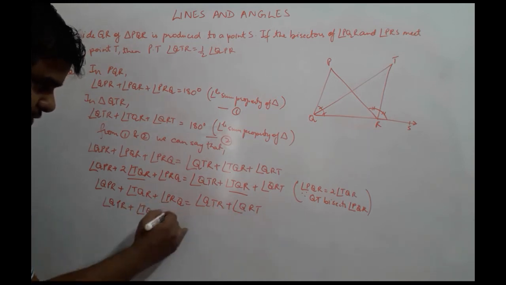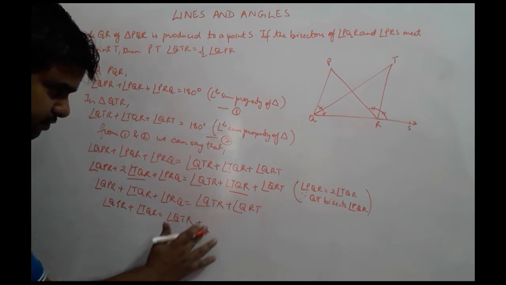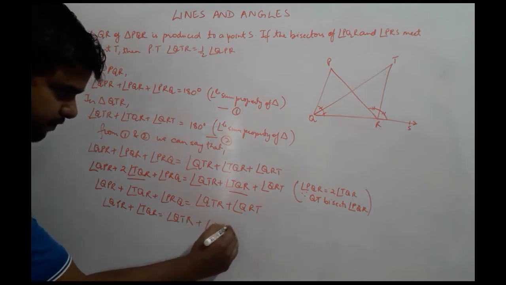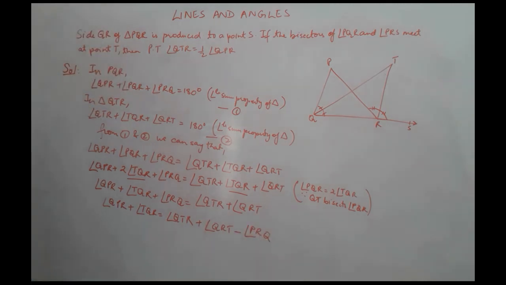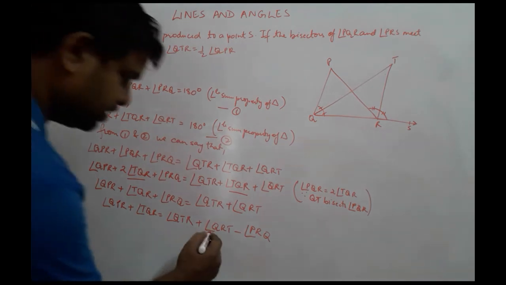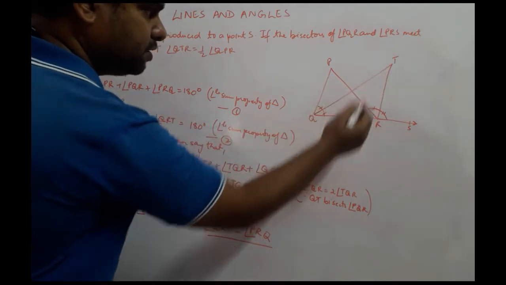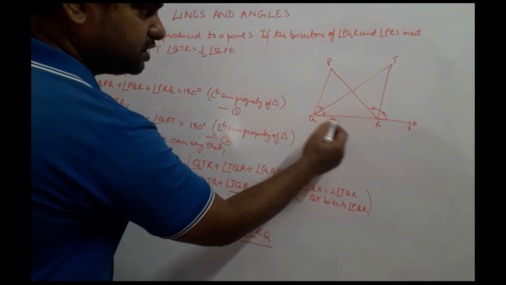So we'll keep this over here, angle QTR plus angle QRT minus angle PRQ. Okay, now have a look at this particular part. Angle QRT minus angle PRQ. So this is one big angle.